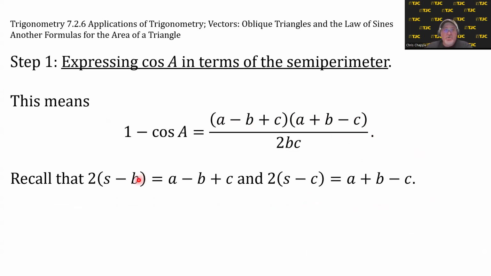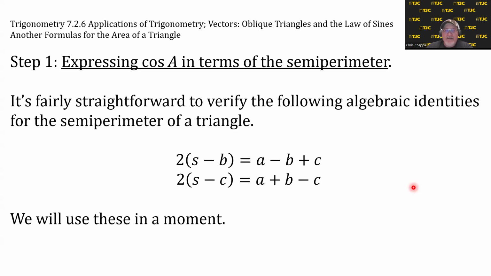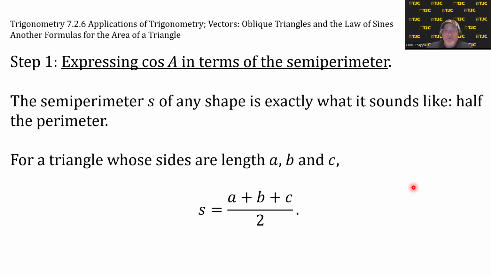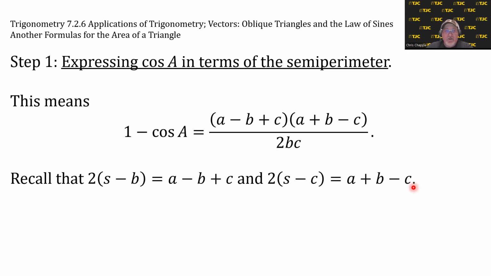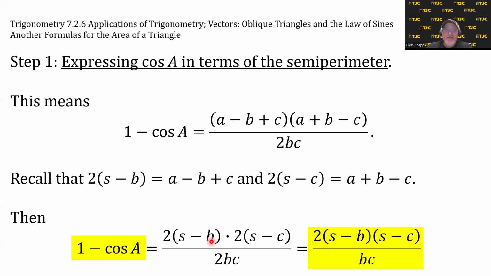Now, recall that 2 times (S minus B) equals A minus B plus C, and 2 times (S minus C) equals A plus B minus C. I mentioned that back here without verifying it. I invite you to verify it with the semiperimeter. With those observations, we can now change the two factors in this fraction and get that 1 minus cosine of A is equal to 2 times (S minus B) times 2 times (S minus C) over 2BC.